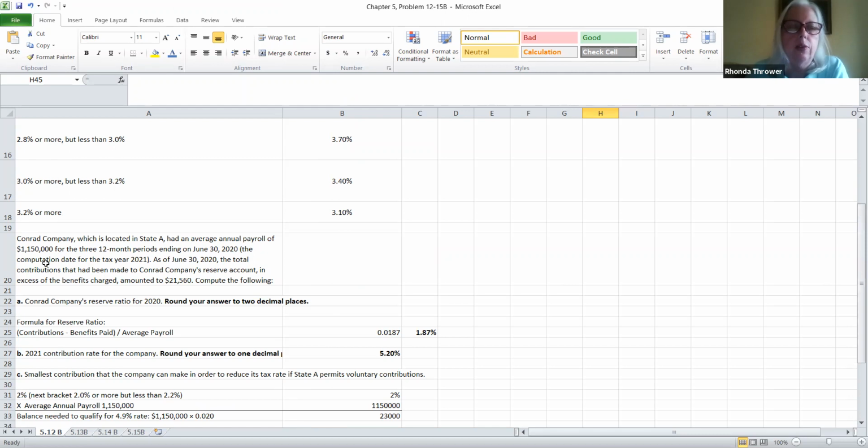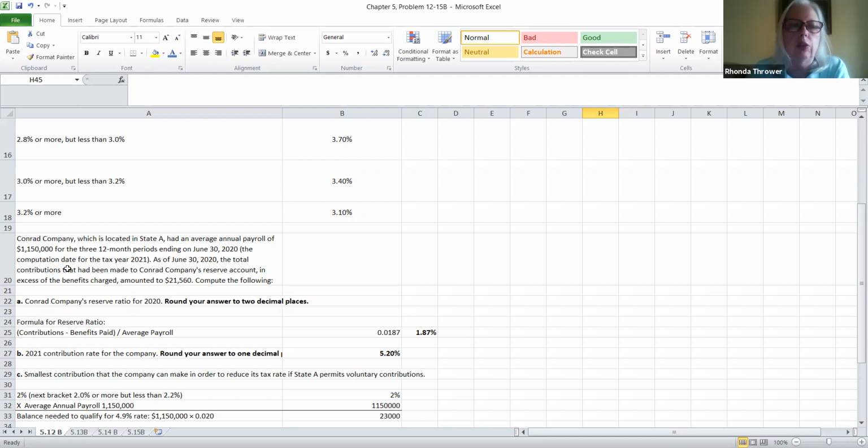And then for the rest of the problem, it says Conrad Company, which is located in State A, had an average annual payroll of $1,150,000 for the 3 12-month periods ending on June 30th, 2020.